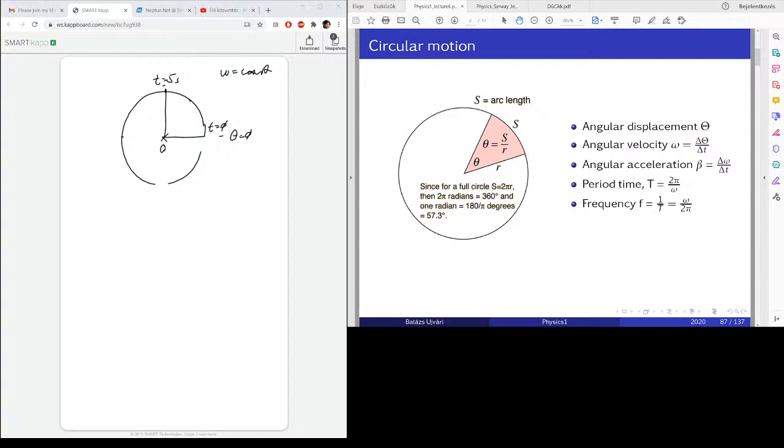At t equals 10 seconds, t equals 15 seconds, and at t equals 20 seconds, I'm back at the origin, theta equals 0. So please tell me what is theta of t. You can draw. Now I'll wait again 3 minutes.